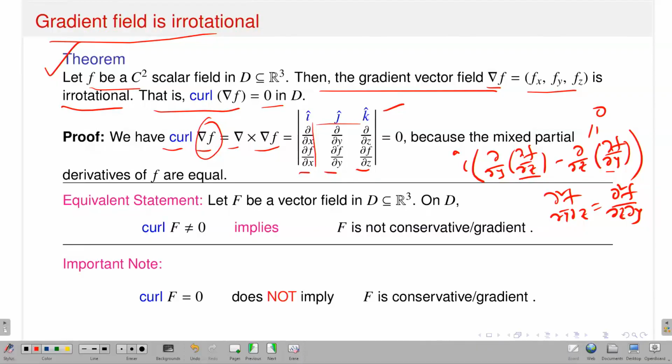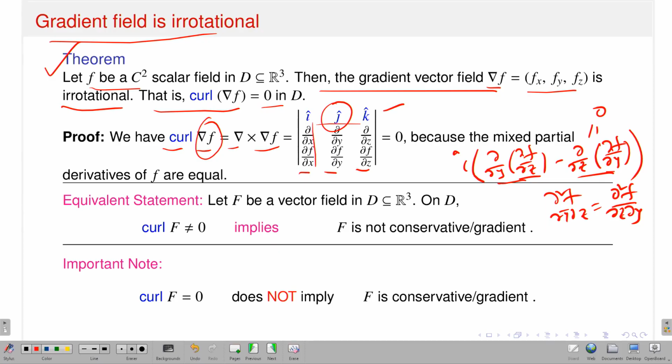That is why the C2 part is very important. I am assuming that my scalar field small f is in C2, which means all the second order partial derivatives exist and are continuous. That means the mixed partial derivatives exist and are equal. Similarly, you can calculate the j cap component, again a mixed partial derivative with respect to x and z variables, first z then x, or first x and then z.